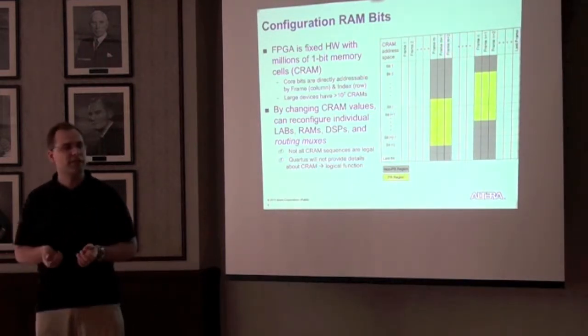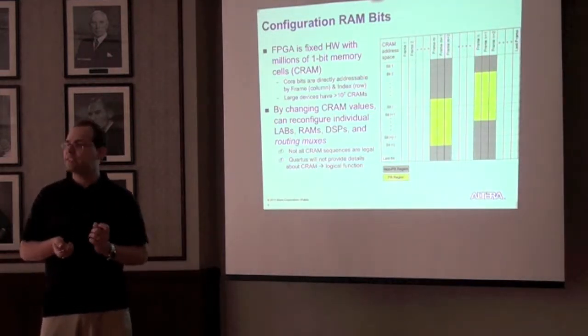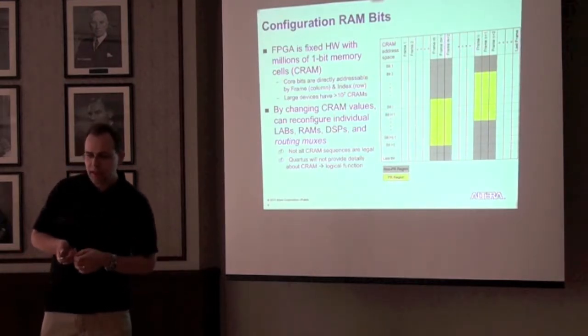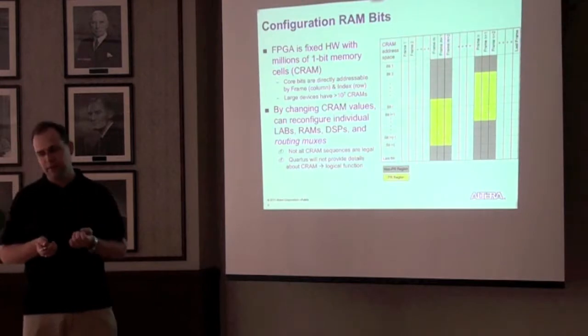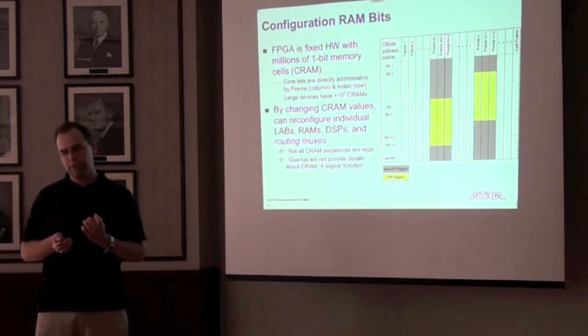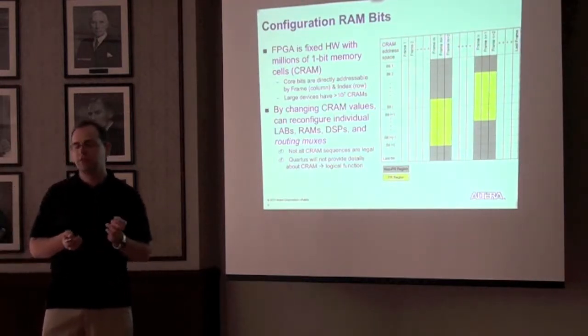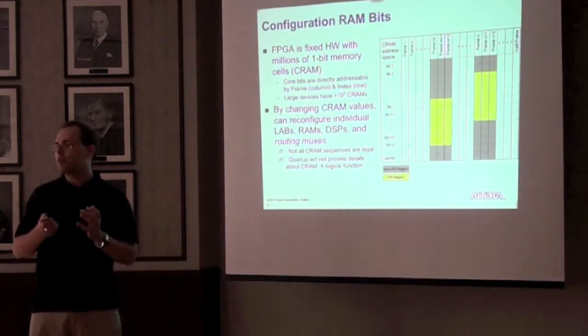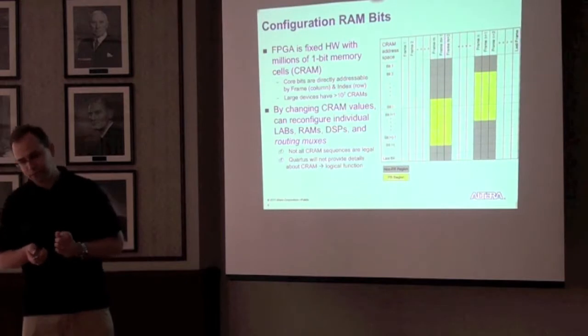And for our largest Stratix V devices, the core contains over 10 million of these 1-bit memory cells. And by changing the CRAM values, this is the essence of how we can reconfigure individual labs, RAMs, DSPs, but also routing muxes to allow partial reconfiguration to take effect.